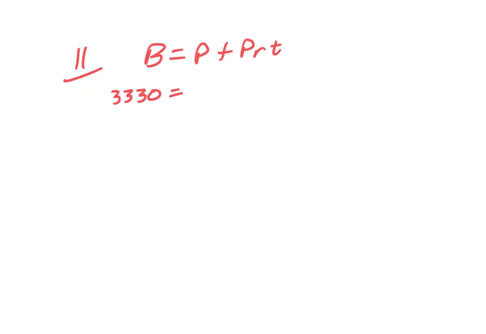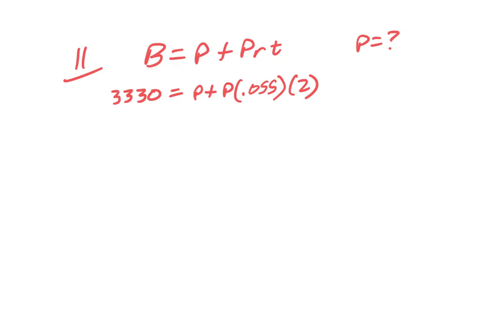We're trying to figure out P. We don't know P. We do know R. Okay, R is 5.5%. Here's the other trick here. We have to change that to a decimal. So we have to change it to 0.055, when we do interest problems like that. And we have it in there for 2 years.